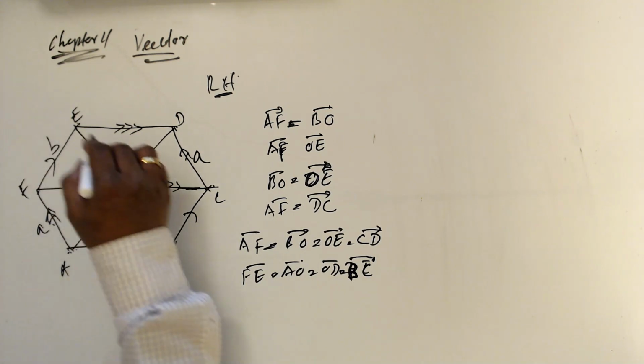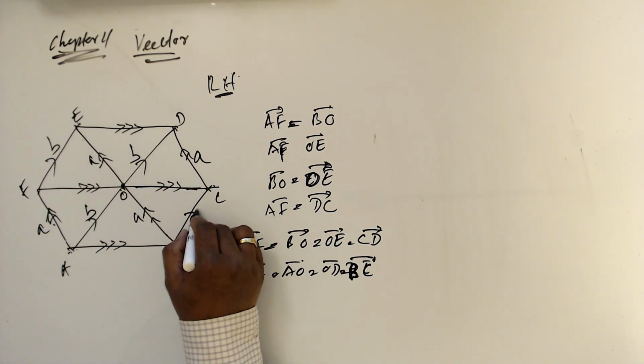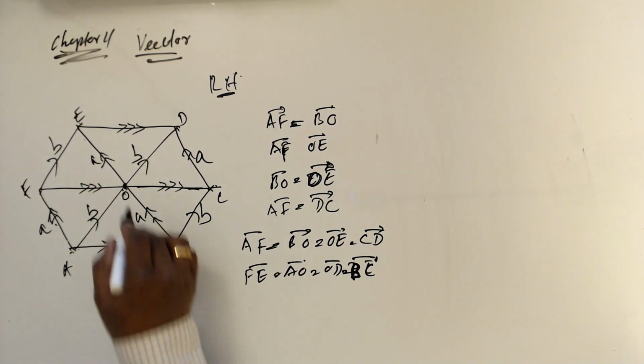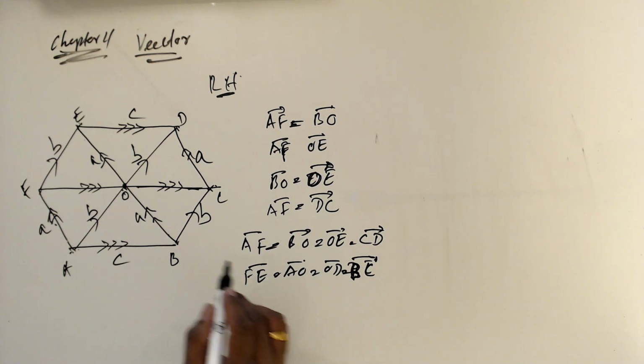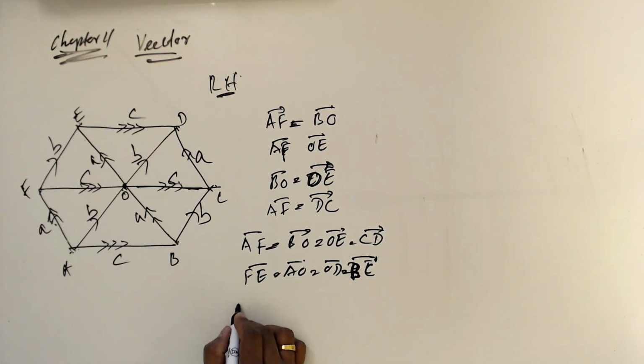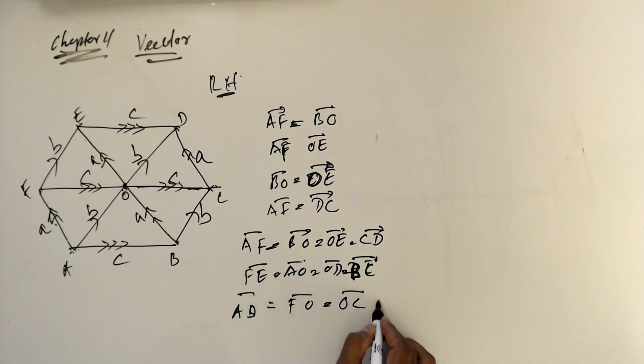If you take this is B, this is also B, and this is also B. If this is C, and this is also C, it means AB equal to FO equal to OC equal to ED.